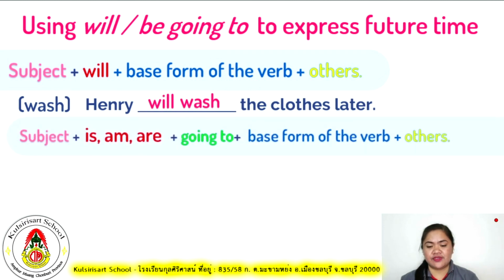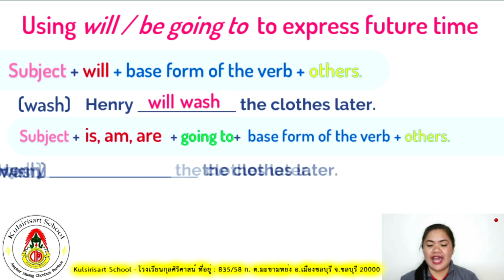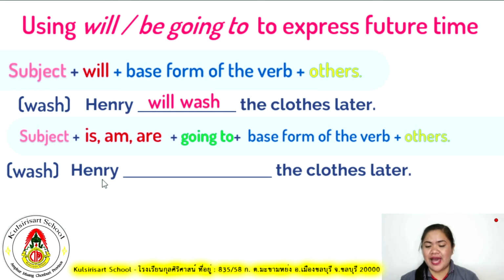Next, the usage of be going to. Again, be represents the be verbs. Subject plus be verb, either of these three, going to, base form of the verb, and then the continuation or the others. Now, what will happen to this? Okay, it will become Henry, only one, so is going to wash the clothes later.